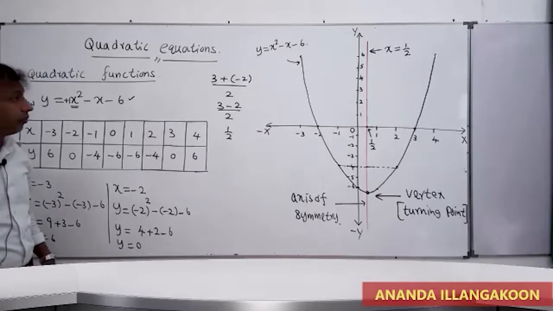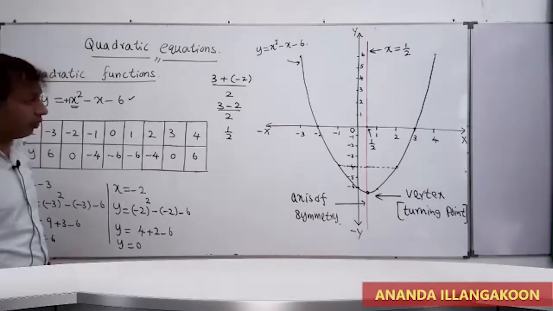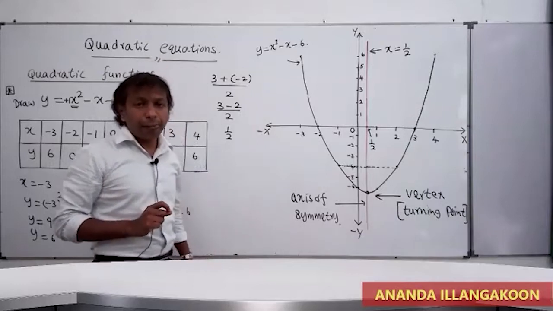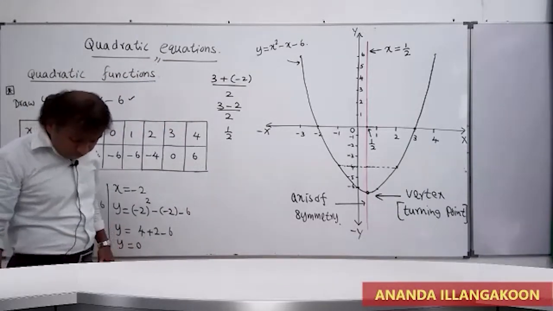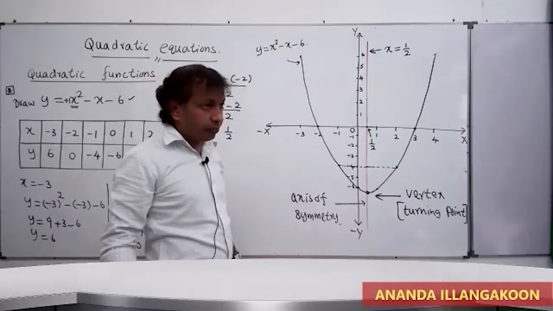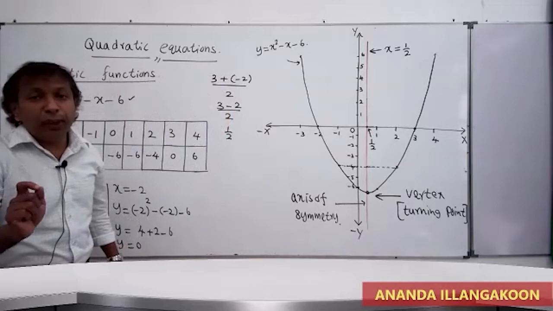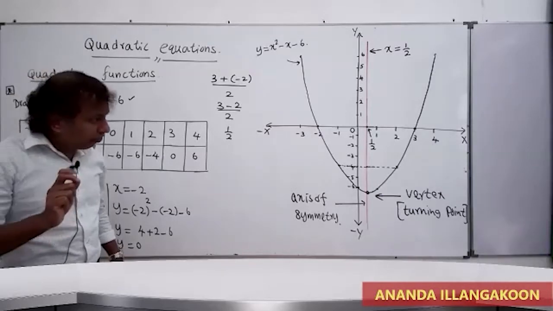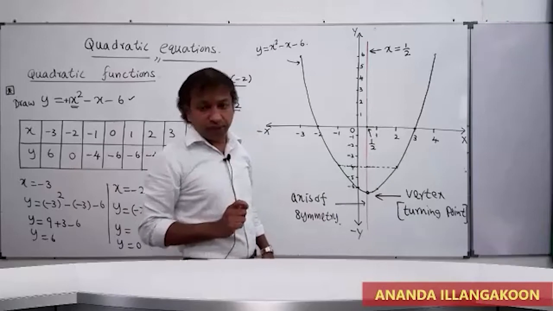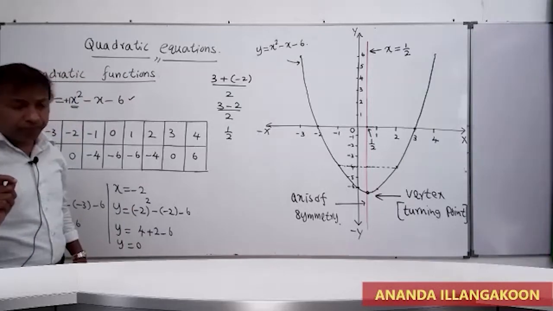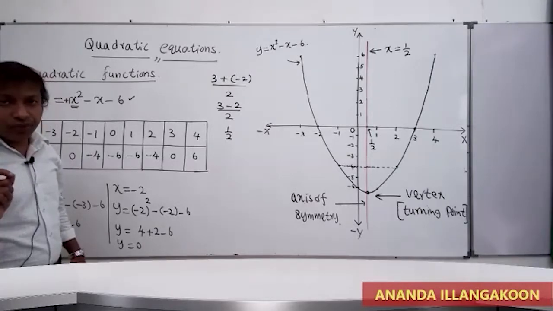Write down number 1. The graph has only one minimum value for y.